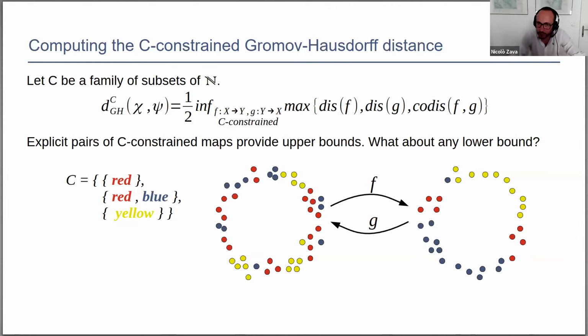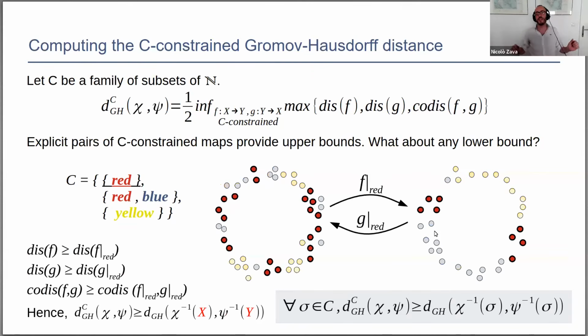But what about lower bounds, which are usually a bit complicated to find? Because in general, you cannot look for all the possible pairs of maps. So let's start with some observations. Let's take the example that we used before. Since the maps respect the constraints, the restriction of the map F to red points is well defined, because a red point must go to a red point.